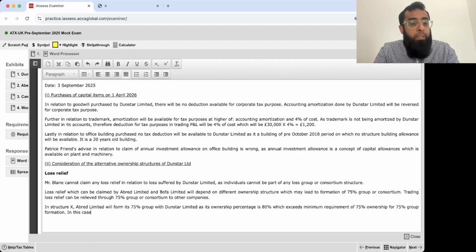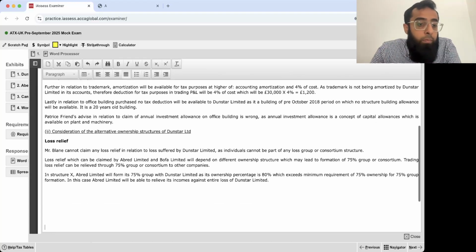In this case, Abrid Limited will be able to relieve its incomes against the entire loss of Dunster Limited.